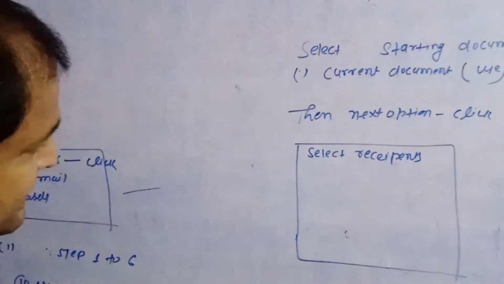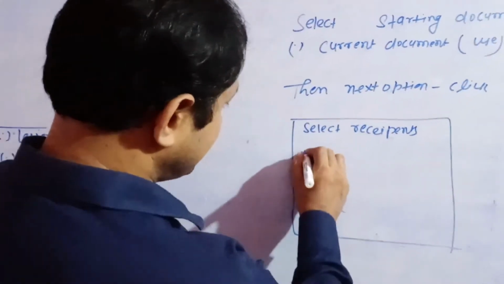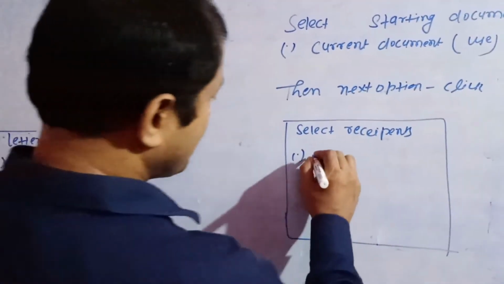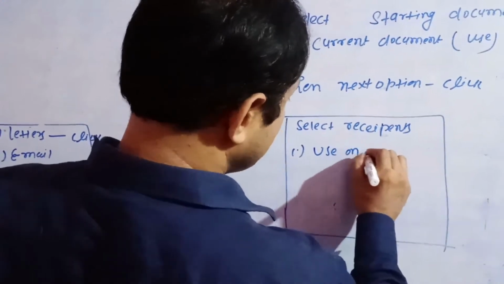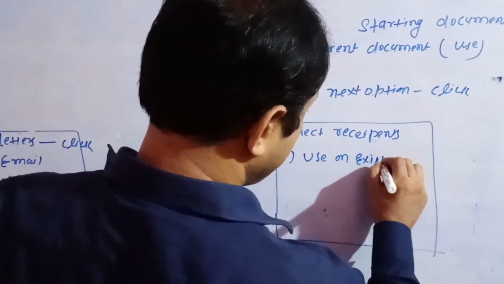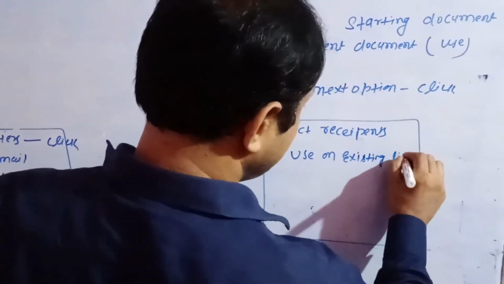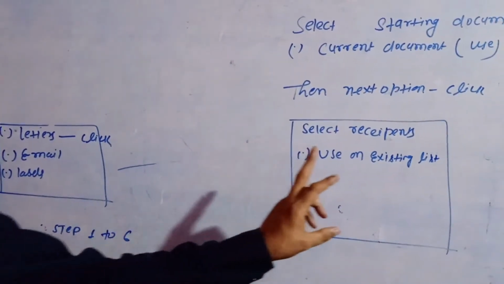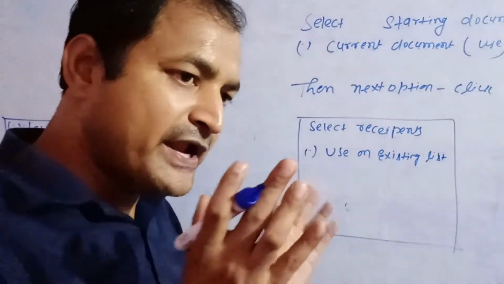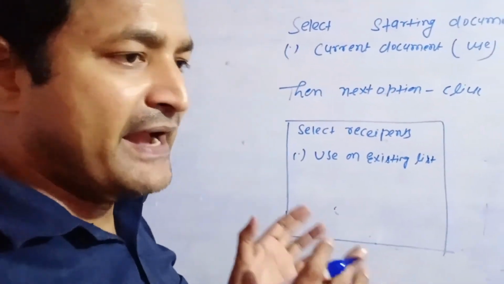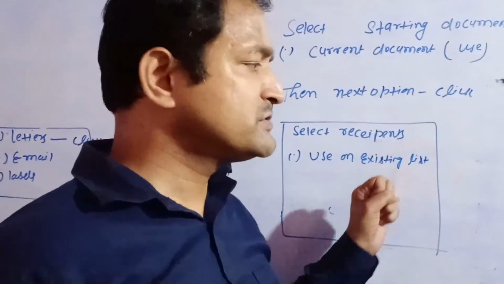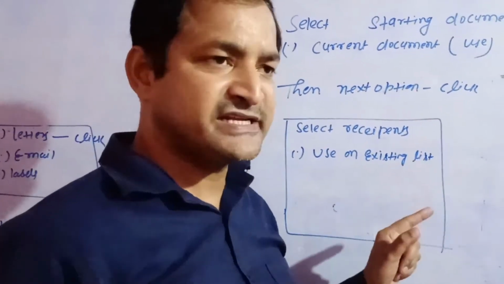There are two options related to this field. First option, use an existing list. Use an existing list means these options are already filled, the name, address and other fields are already filled, and you just choose the existing list.